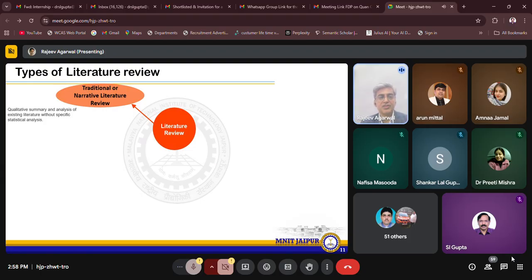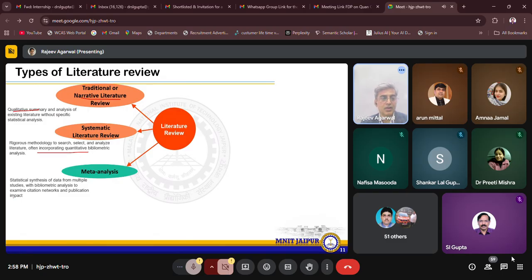So one is traditional literature review, where qualitative summary and analysis has to be there. SLR, where rigorous methodology. Third, meta-analysis, where you are doing statistical synthesis of data from multiple studies.